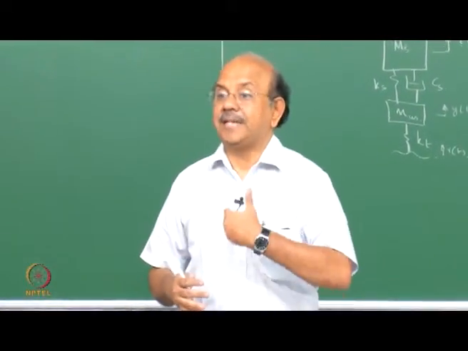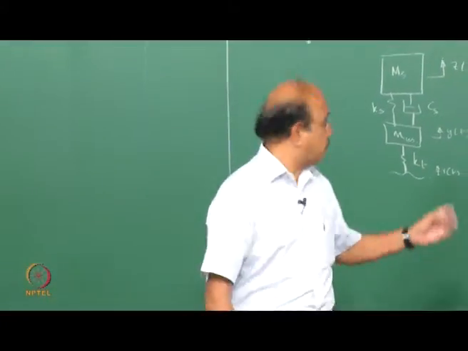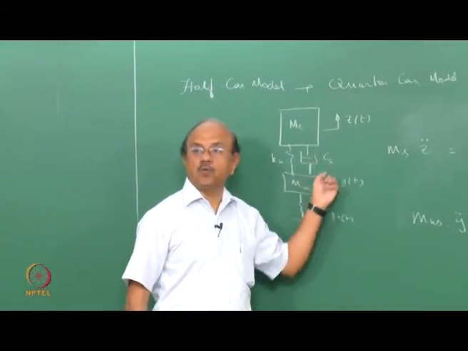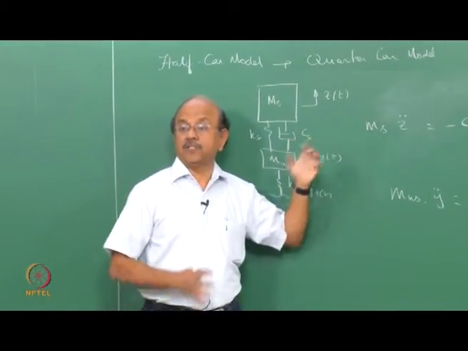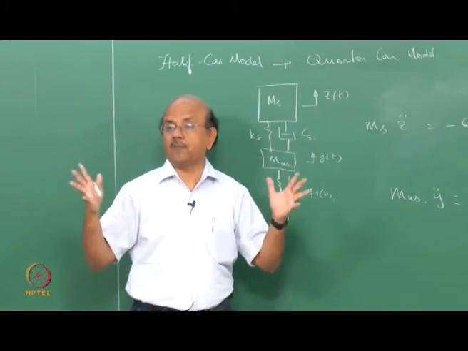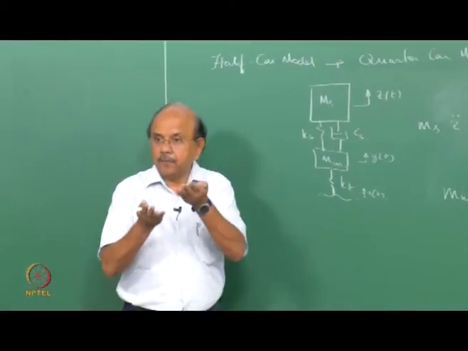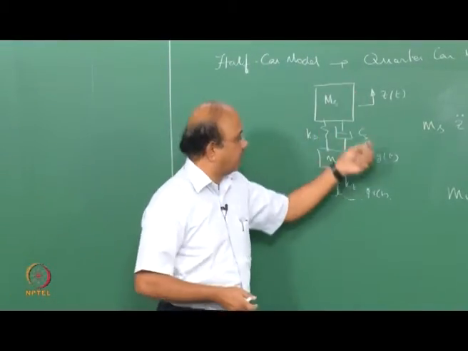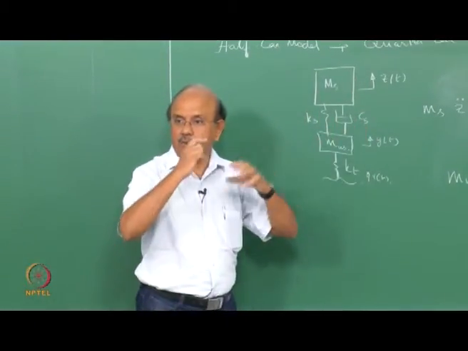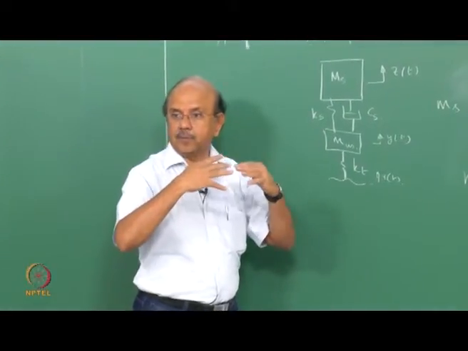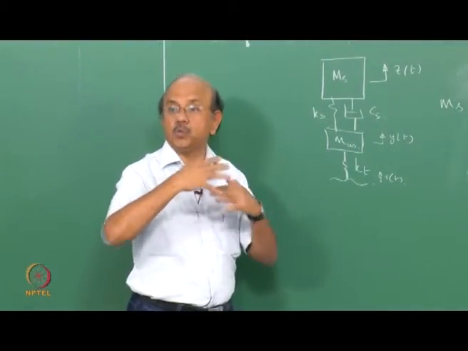But if I put a damper, the ratio of motion comes down to nearly 10. In other words, there's nearly an order of magnitude difference in the ratio of the displacement, that is Z by Y.